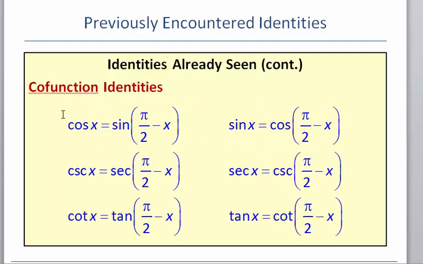In other words, the cosine of one angle is going to equal the sine of the other as long as your angles add up to 90 degrees. We have a cofunction relationship between cosecant and secant, established by the second row. Again, the secant of one angle will equal the cosecant of the other as long as the angles add up to 90 degrees or pi over 2 radians. And we also have a cofunction relationship between cotangent and tangent, seen on the last row.